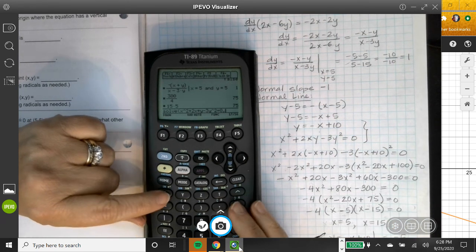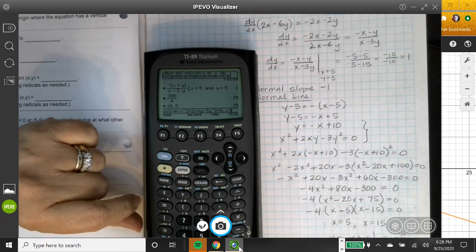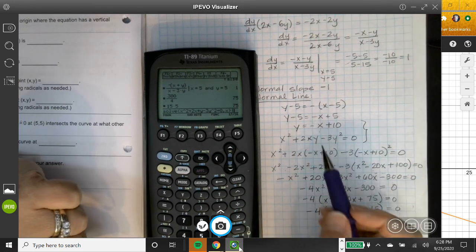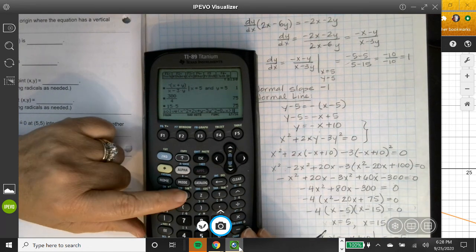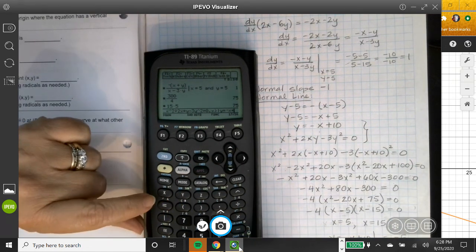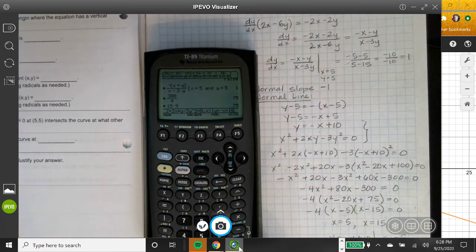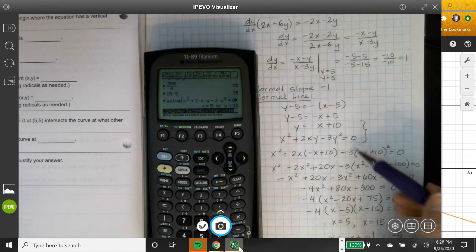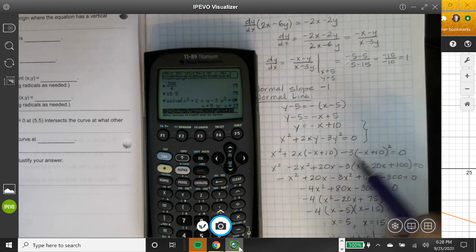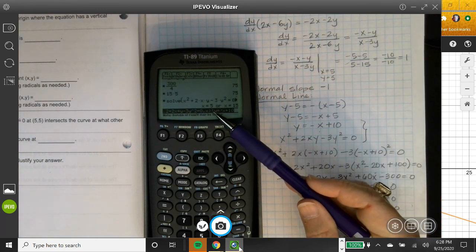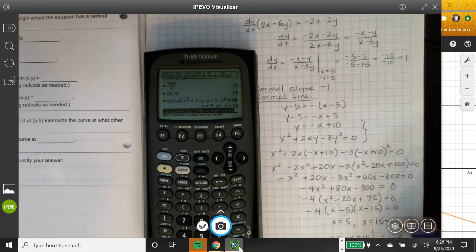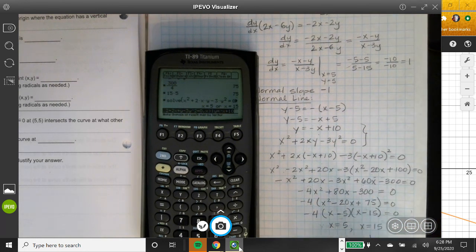So I want it to solve for x such that y equals negative x plus 10. And this will be a lot easier than me not taking care of this pesky negative. Anyway, you see that we get x equals 5 and 15 here, which is what we got, right? And then we find the y that goes with it and all of that.